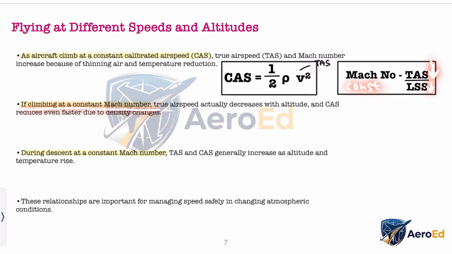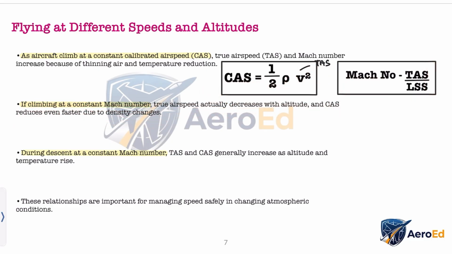And if we are climbing, the density also decreases. So the calibrated airspeed is actually reducing even faster due to the density changes. So here it is written that if climbing at a constant Mach number, true airspeed actually decreases with altitude and calibrated airspeed reduces even faster due to density changes.